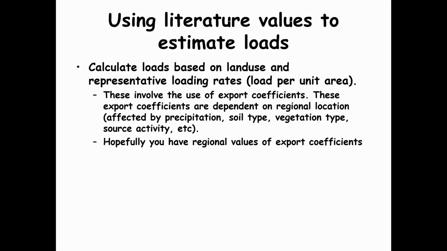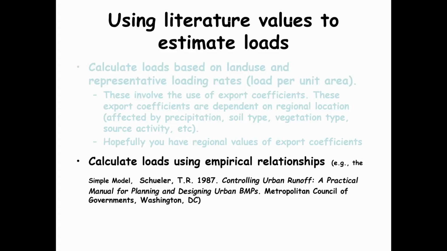This method involves the use of export coefficients, and these coefficients are dependent on regional location, soil type, vegetation, precipitation conditions in that particular region, and the characteristics of the source of the pollutant. To be able to apply it, you do need to have these regional export coefficients available, and a number of these tables of export coefficients have been published.